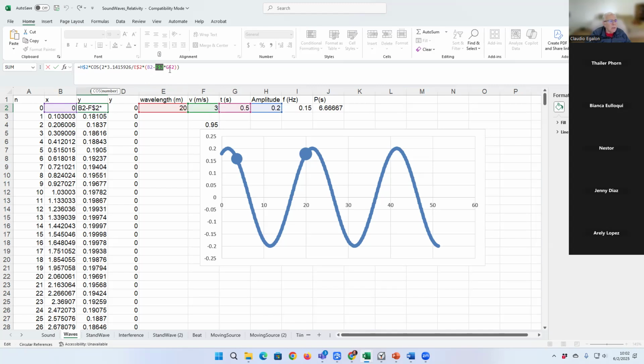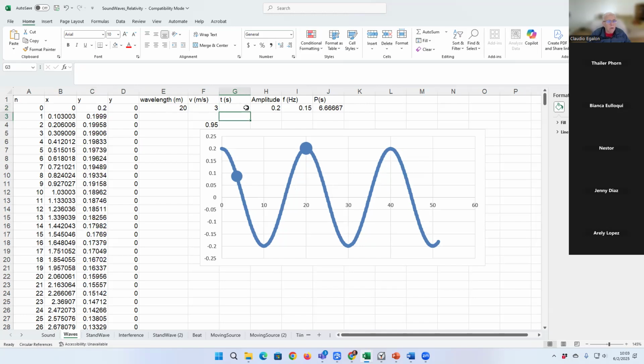And G is the time, the instant of time, not the time interval. This wave right now is frozen in time, okay? And let's put a time t equal to 0, right?